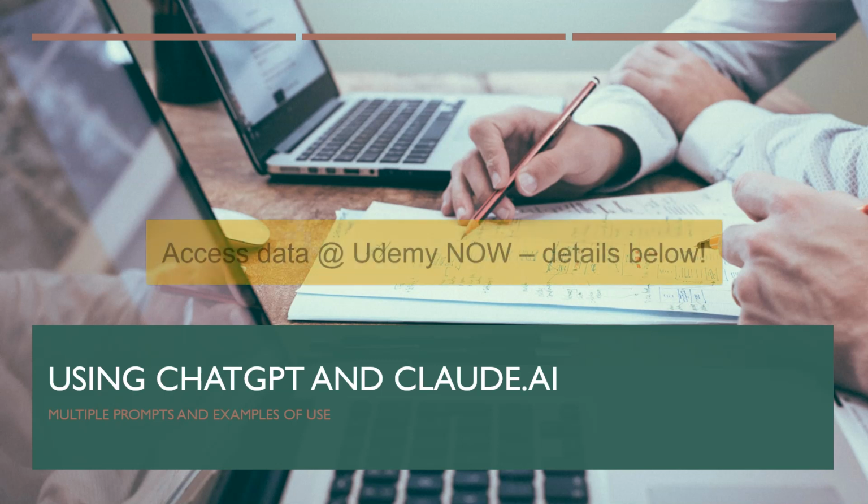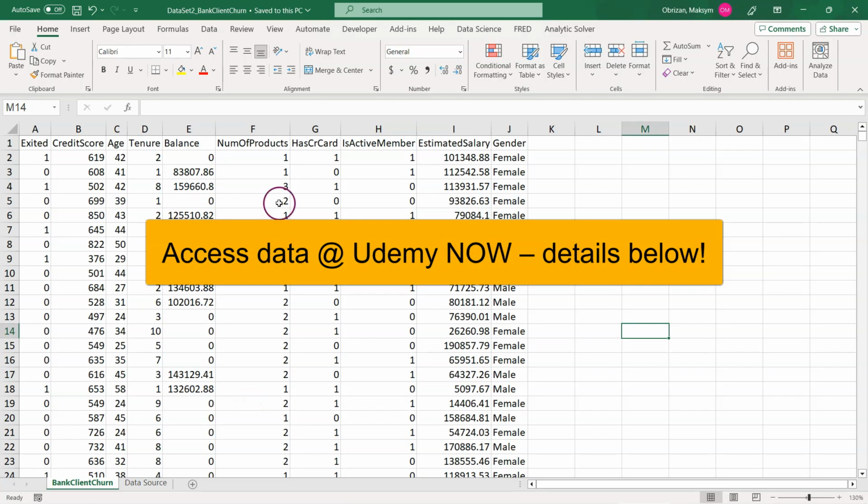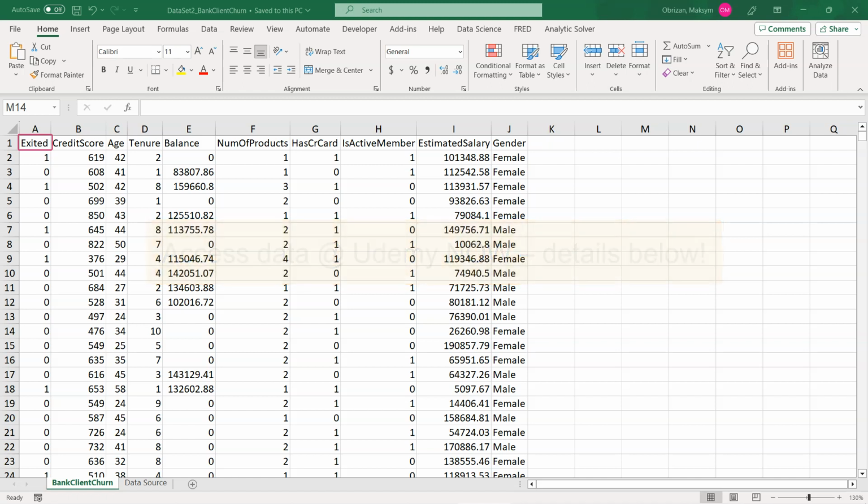In our first case, we have been working with a dataset on customer churn, which you can find in the link in the description to this video, which includes a variable on customers who left the bank, who exited, and a number of variables which can potentially help us predict this customer churn. So we included things like credit score, age, gender, and so on.